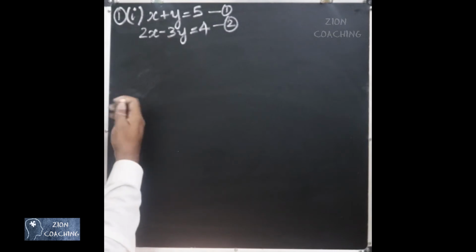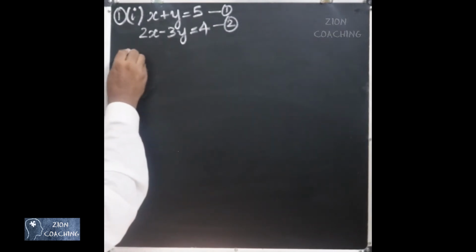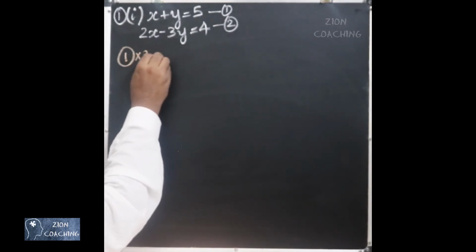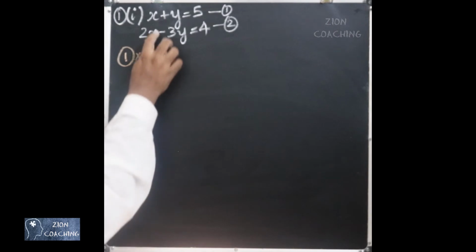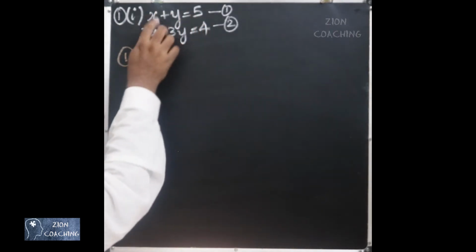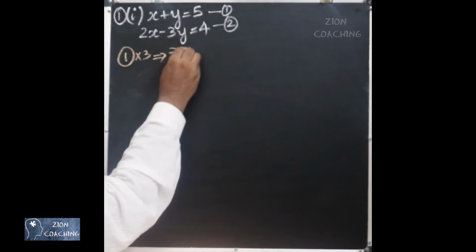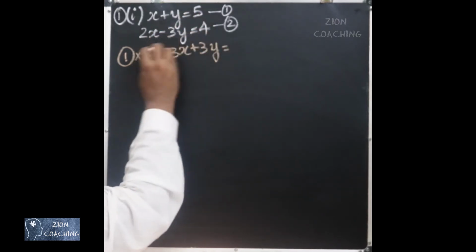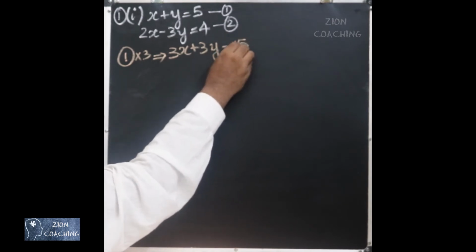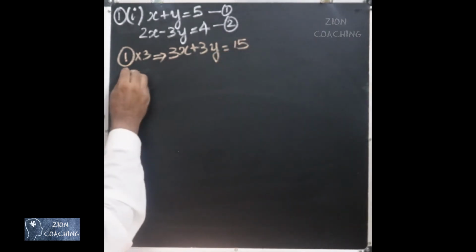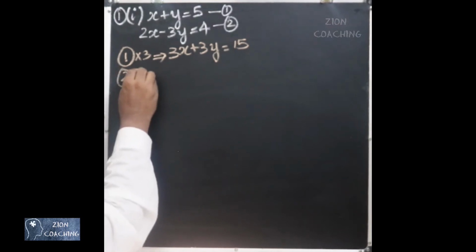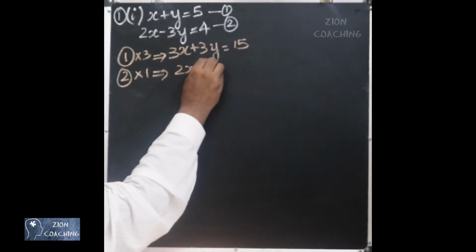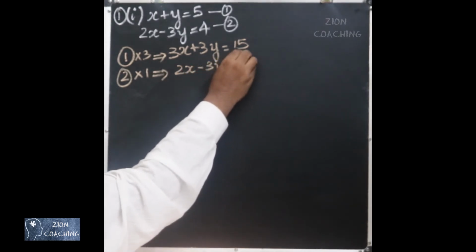So to make the values equal, we are going to multiply the entire first equation by 3. When you multiply by 3, all the values will get multiplied by 3. So we will have 3x plus 3y equal to 5 into 3, that is 15. Now, the second equation can be written as it is, one time. So 2x minus 3y equal to 4.